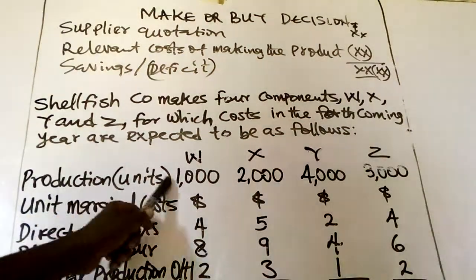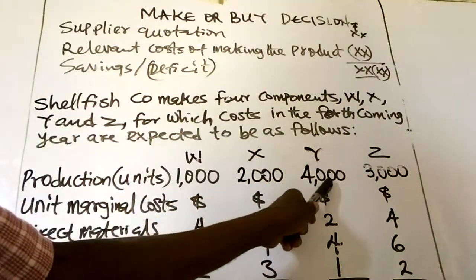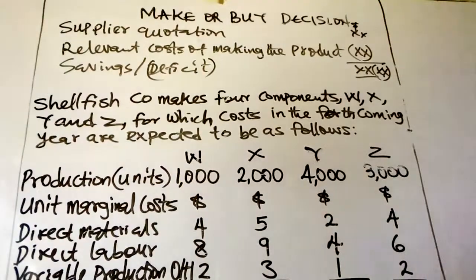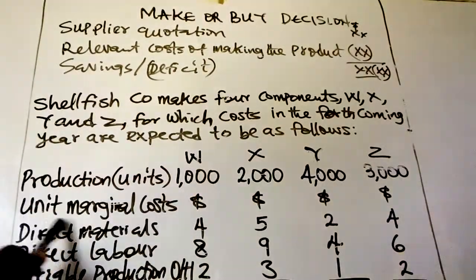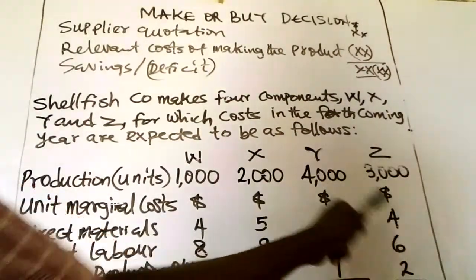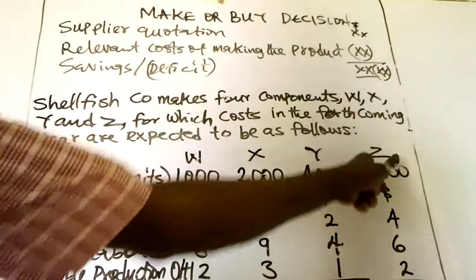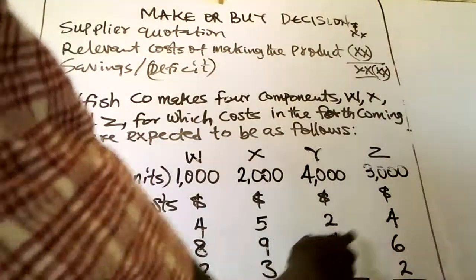We have production in units for W 1,000, X 2,000, Y 4,000, and Z 3,000. Then unit marginal cost in dollars. We have direct materials 4, 5, 2, 4 for W, X, Y, and Z respectively. Direct labor 8, 9, 4, and $6.